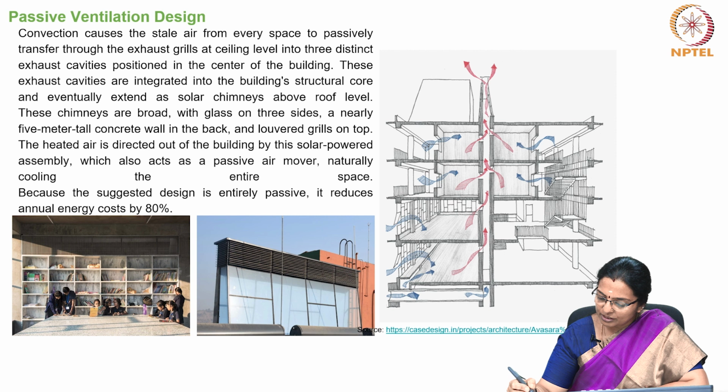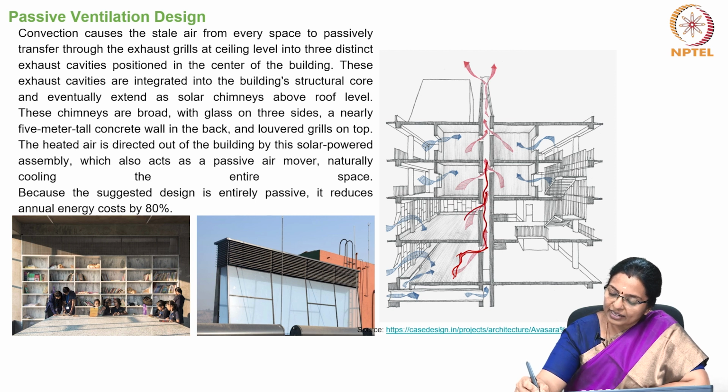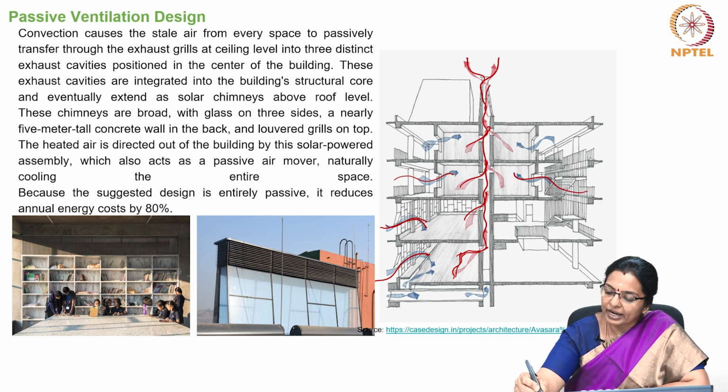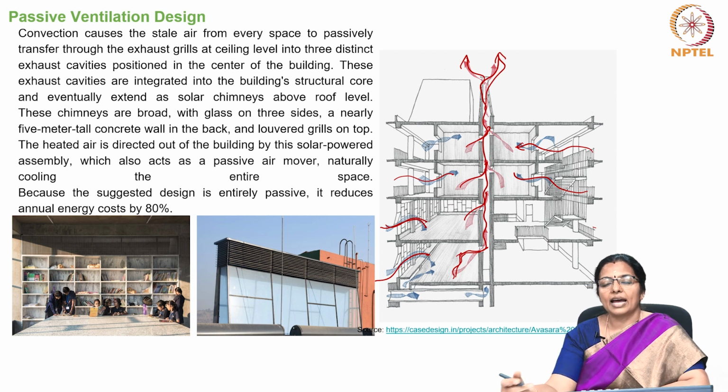So, here is the solar chimney, which, because warm air is lighter, it rises in the room and there is a vent through which the warm air rises and leaves the chimney, whereas the cool breeze comes from there. There are specific outlets for the warm air to leave through the chimney and specific inlets for the cool air, creating an air movement because of the buoyancy effect.